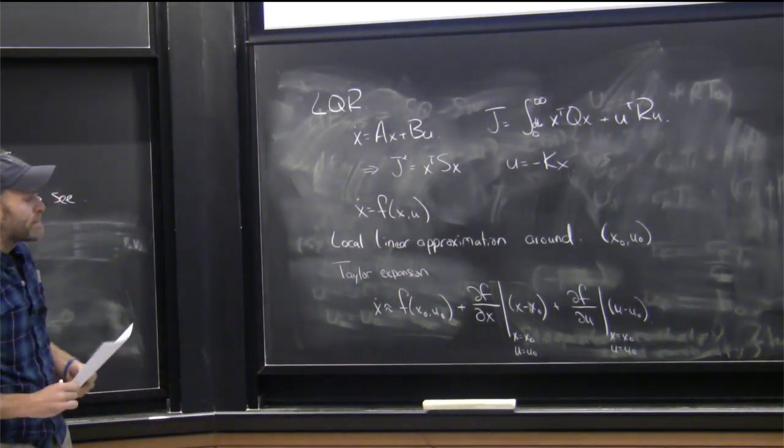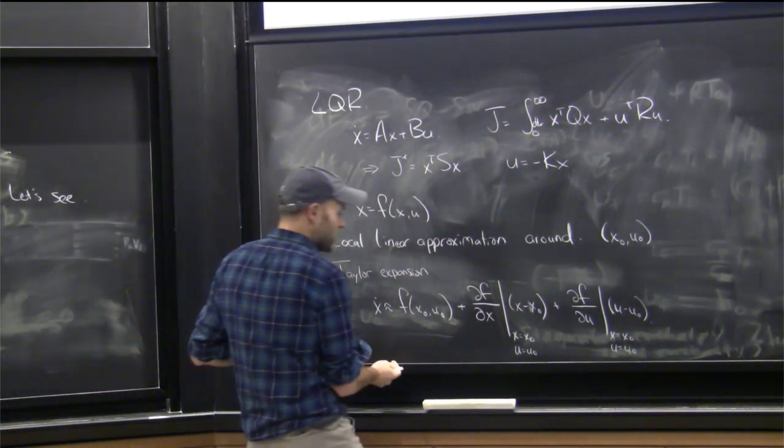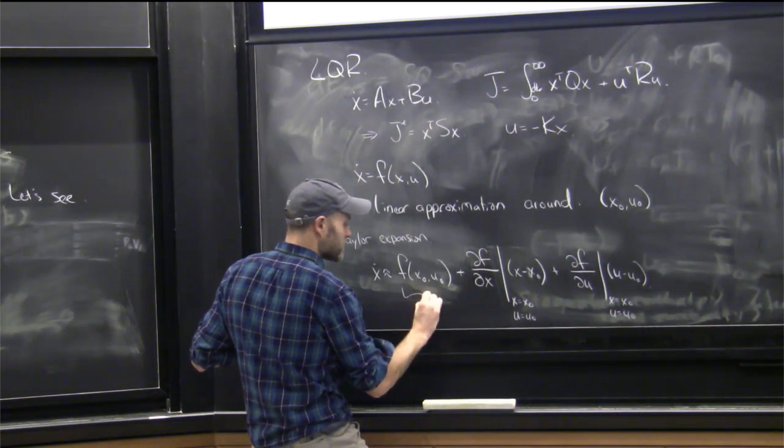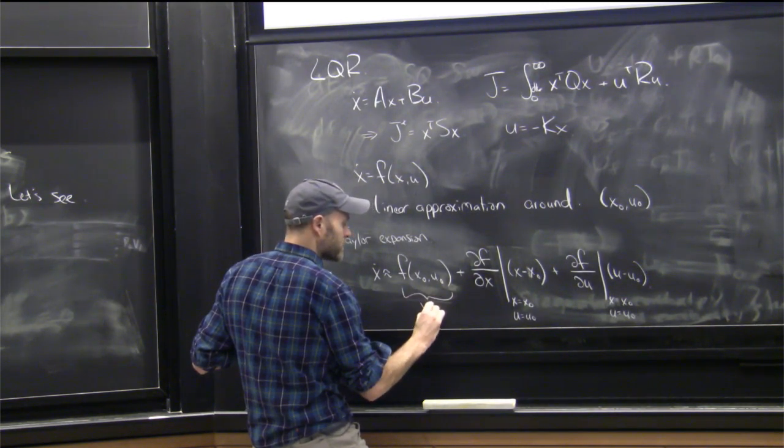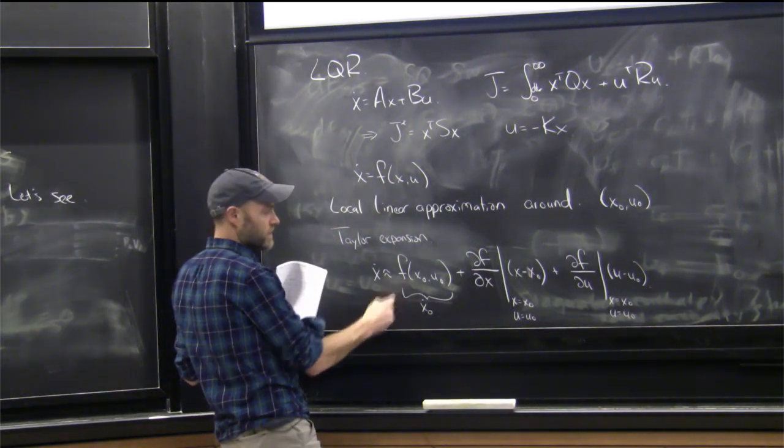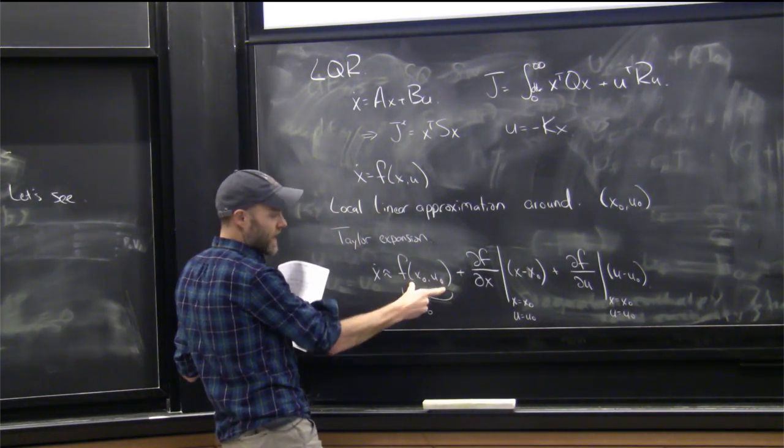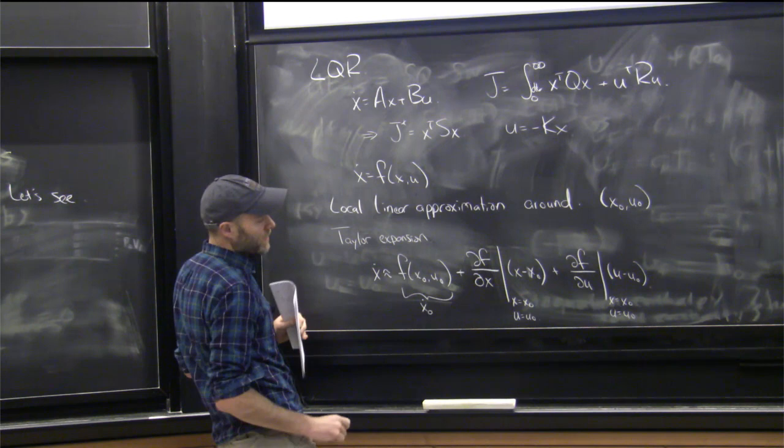Okay. Let me summarize this, calling it x0 dot. It's the nominal velocity at that operating point.